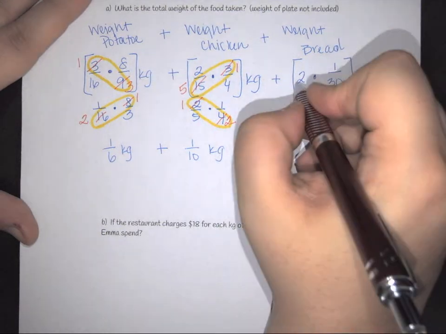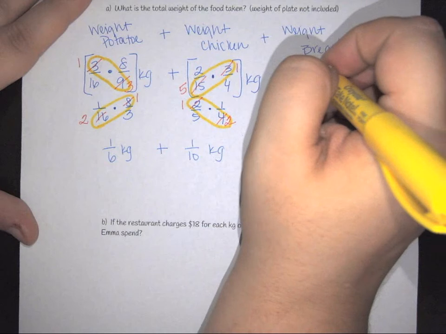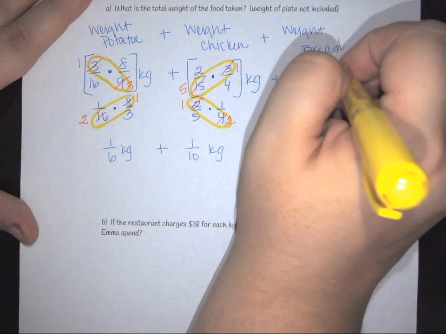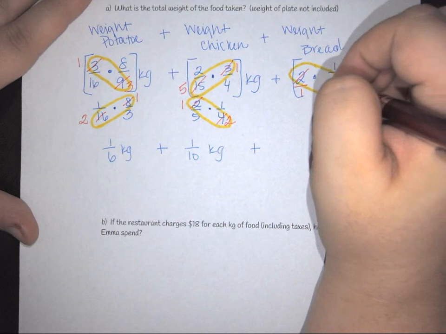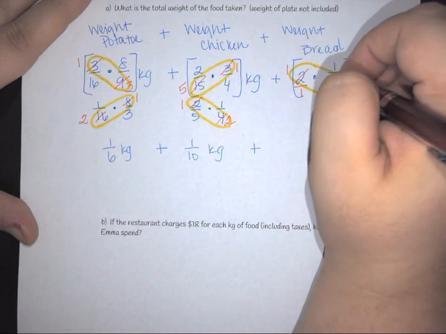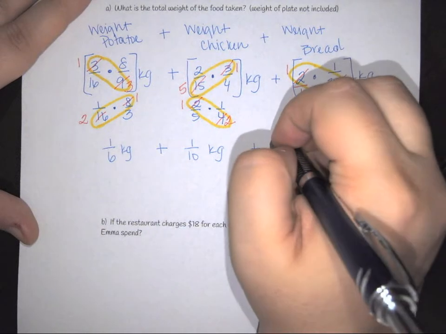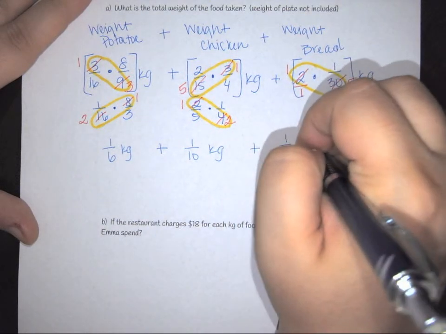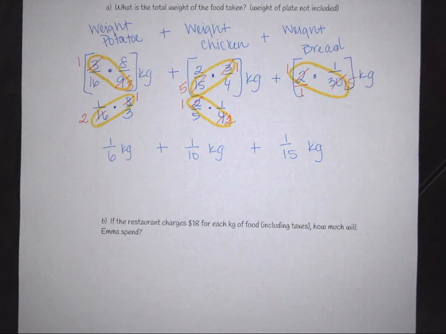Well, if I remember, this is the same as 2/1. And here, my 2 and 30 would be the 2 pieces that would reduce. So this becomes a 1 and this becomes a 15, leaving me with 1/15 kilograms there. So I have 6, 10, and 15, and I need to find the LCM of 6, 10, and 15.